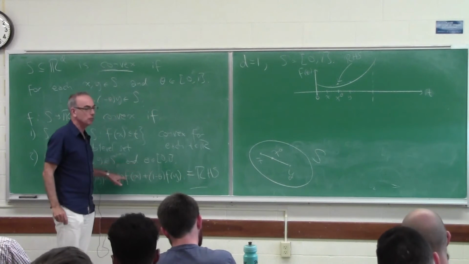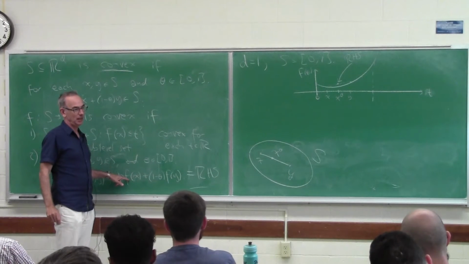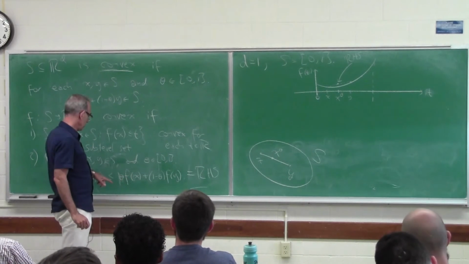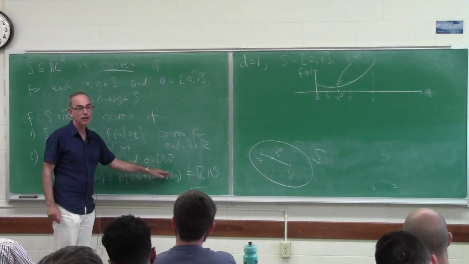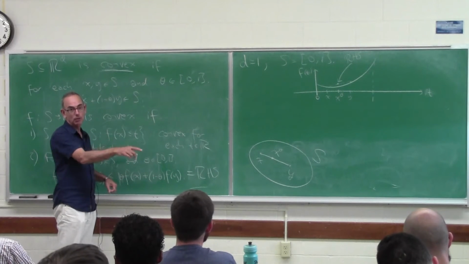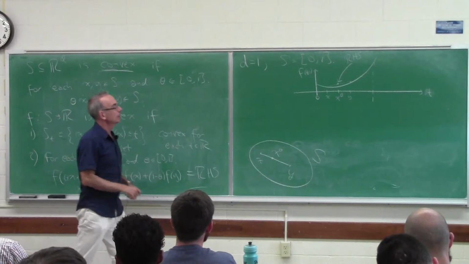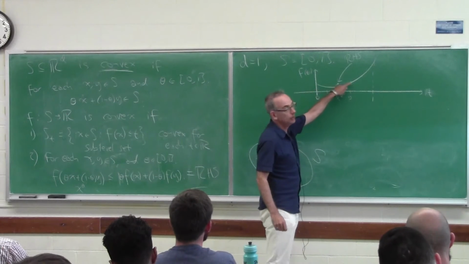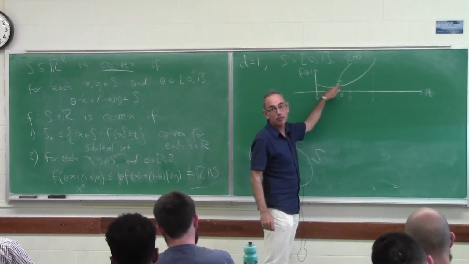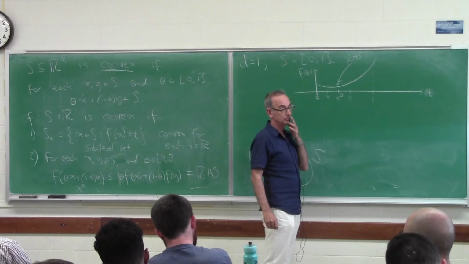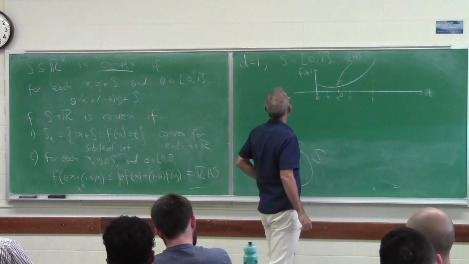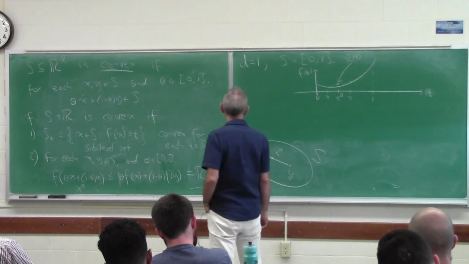So what I'm doing here is I'm drawing a line above the curve. When theta is equal to 1, I'm at f of x, and when theta is equal to 0, I'm at f of y. And as I move theta between 0 and 1, I draw a line that connects this point to this point above the graph. And convexity means the line is above the curve. That's what it means. All right. So that's the second definition.